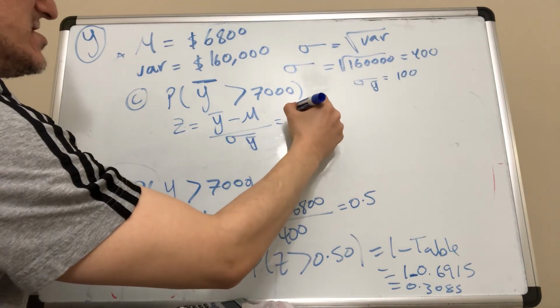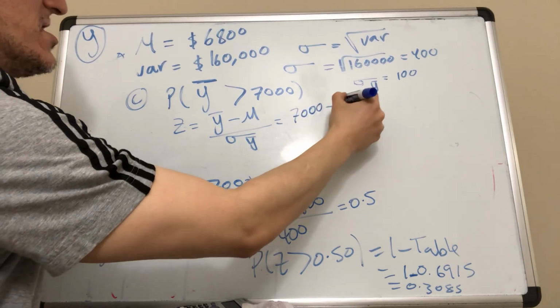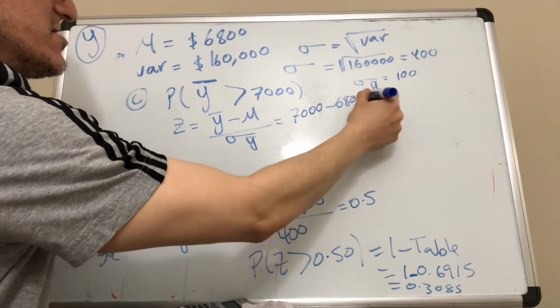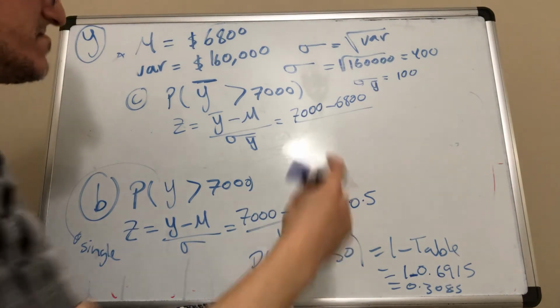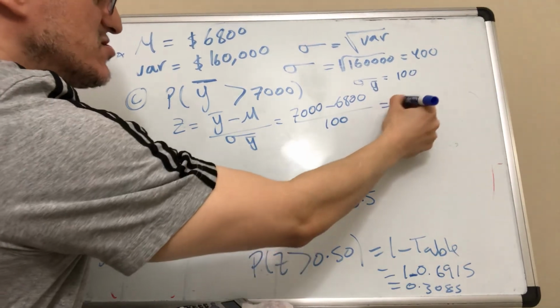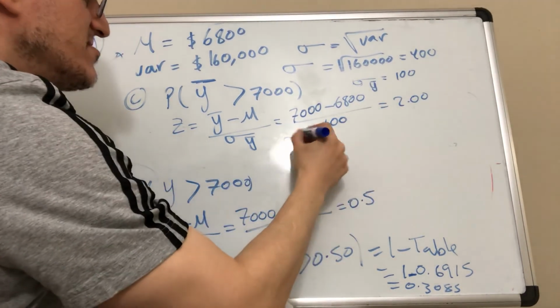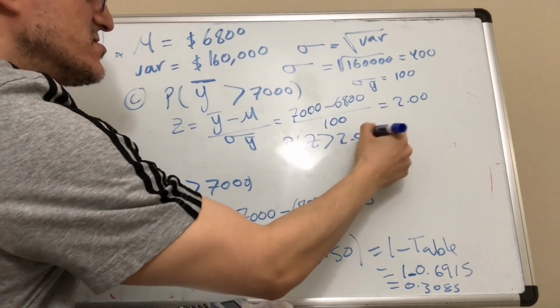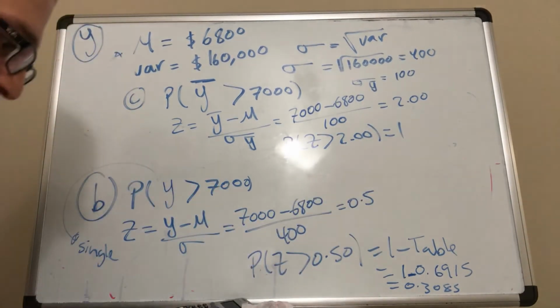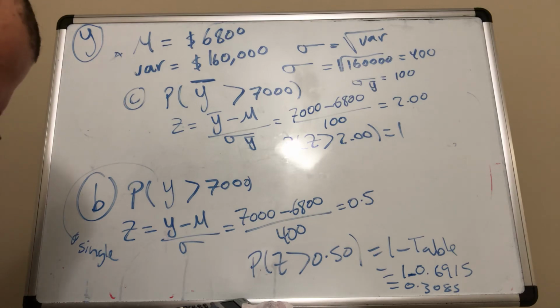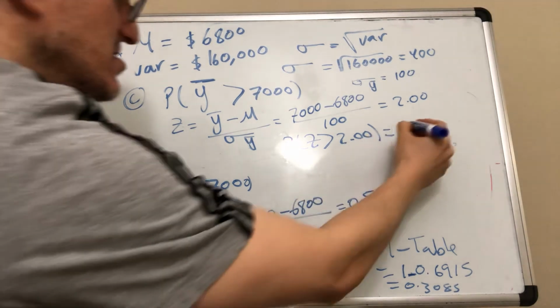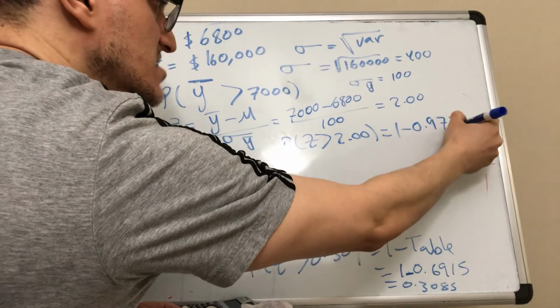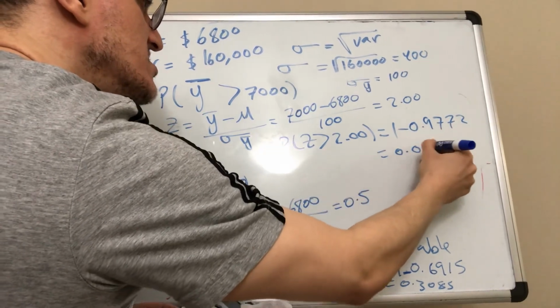So that would be 7,000 minus 6,800 over 100, that's 2. Probability Z more than 2, you're 1 minus table. If you go to the table to find what the 2 is, you'll see that's 9772. Answer would be about 2%.